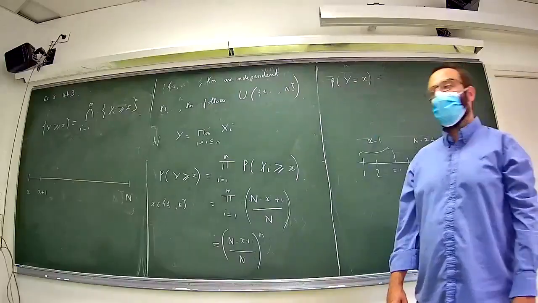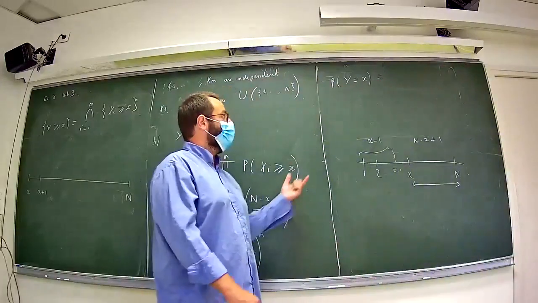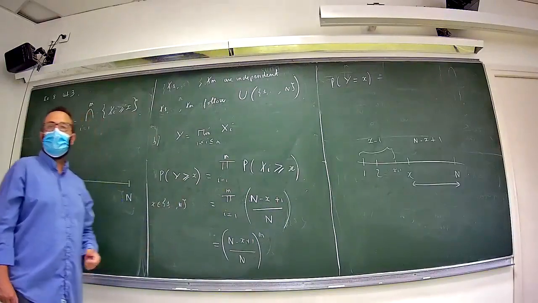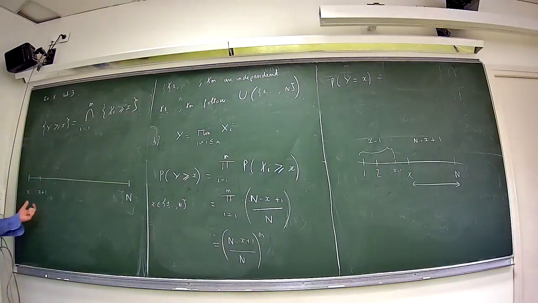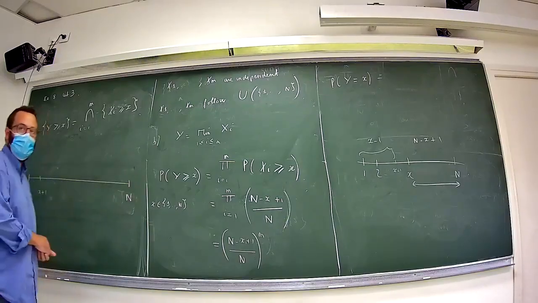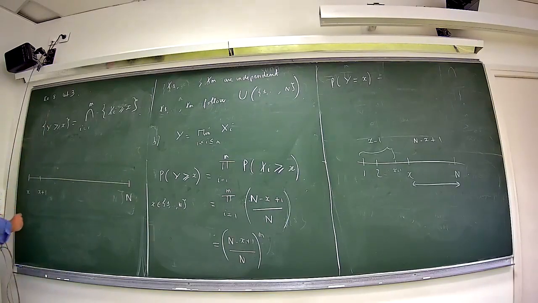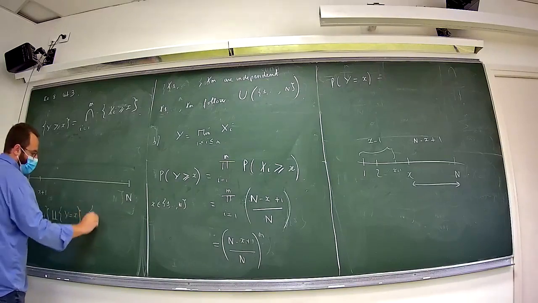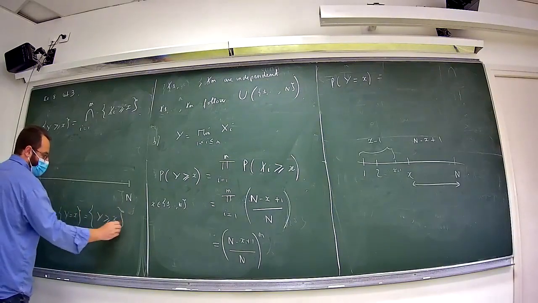So how to obtain this probability from these ones here. What is the probability that y is equal to small x if I want to express it using these kinds of probabilities? I can say that it is the probability to be greater than x minus the probability to be greater than x plus 1. I just use the fact that y greater than x plus 1 union y equal to x is equal to y greater than x.